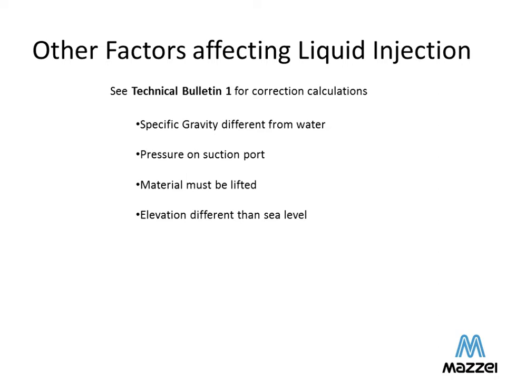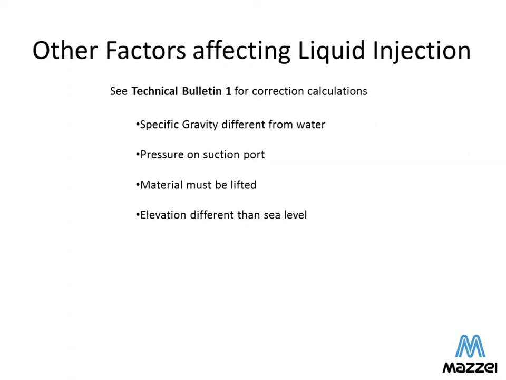Also, please note if you are not located at sea level, if you're on the top of a mountain using an injector, then you will feel the effects of the atmospheric conditions being different than at sea level. Your atmospheric pressure is lower if you are in Denver than, say, if you are in Malibu Beach. So if you're trying to use an injector in a different location other than sea level, you need to be aware that at higher elevations, you do have a slight decrease in the suction capacity.